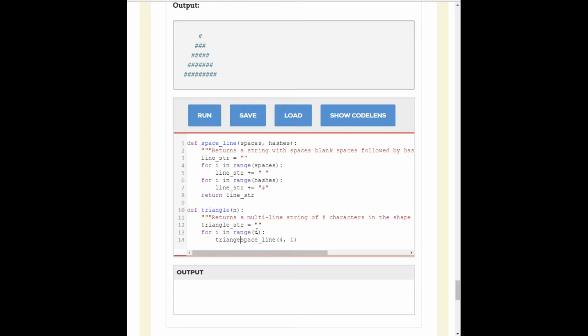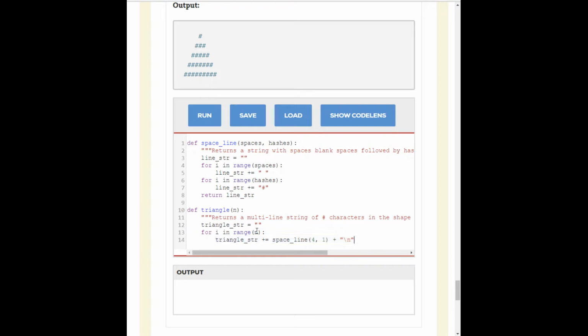Triangle string is going to be equal to itself plus spaceline for some number of spaces and hashes plus a new line character.